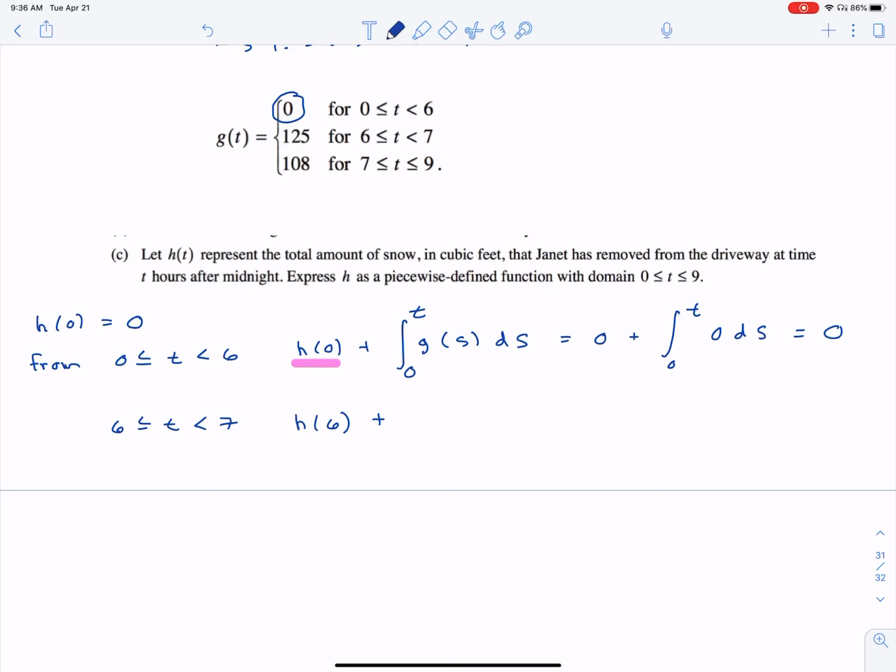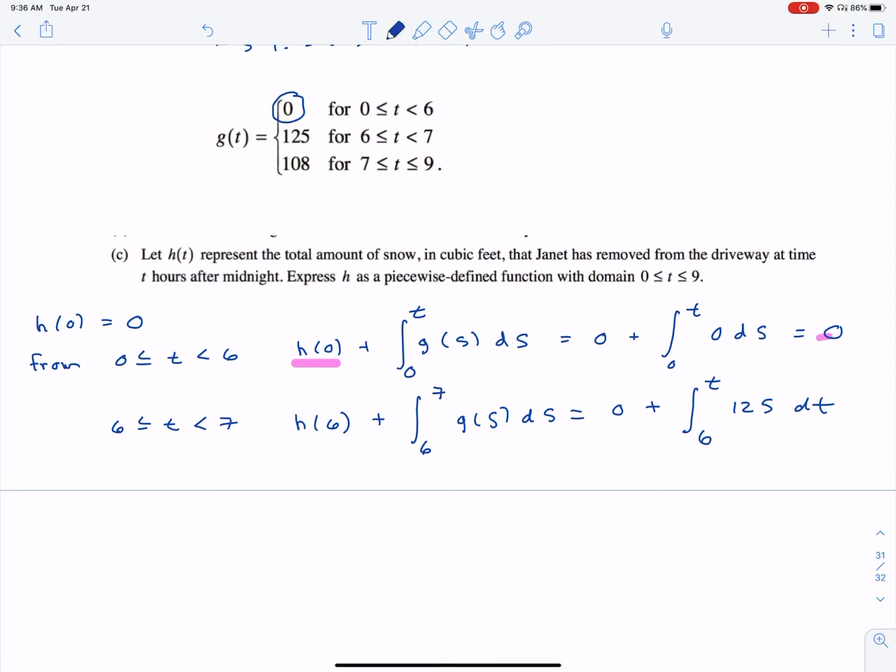And what I'm going to add to it is the snow from time 6 to time 7 of g of s ds, which equals this amount that was removed, that's h of 6, which is 0, plus the integral 0 to t of our function. What was our function? It was 125 dt.